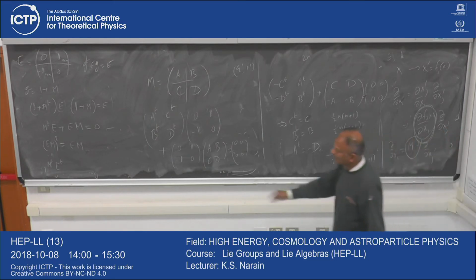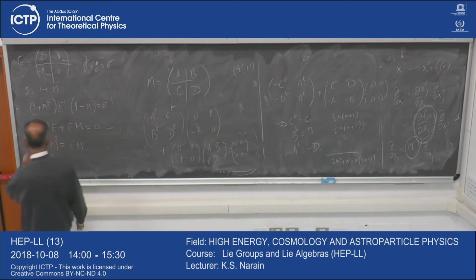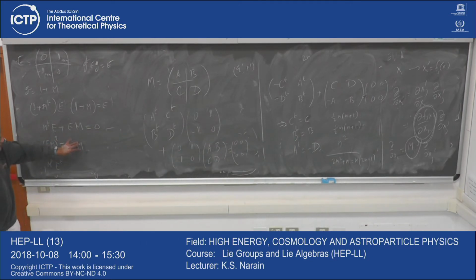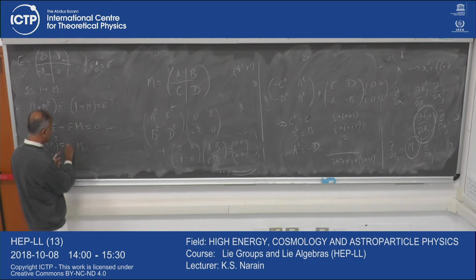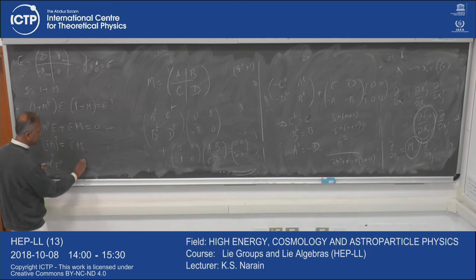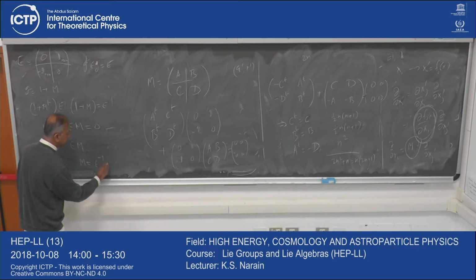This counting is the same here, you see. What we are saying is that if I take this matrix E times M, it's any symmetric matrix, right? So this equation tells me that M is E inverse times any symmetric matrix.